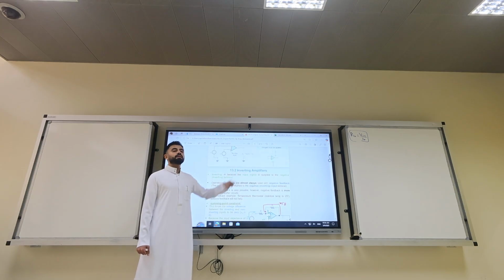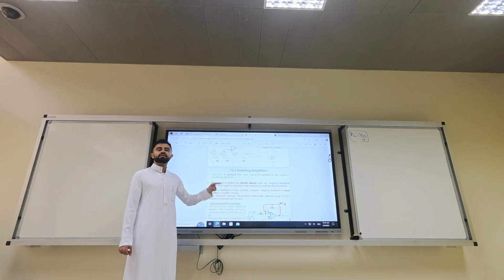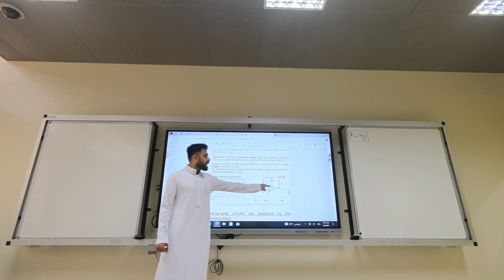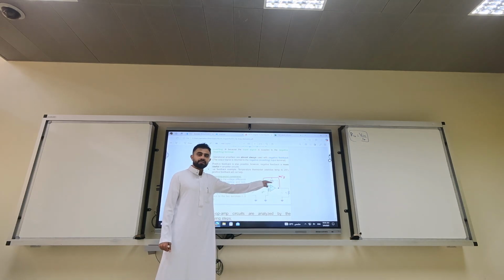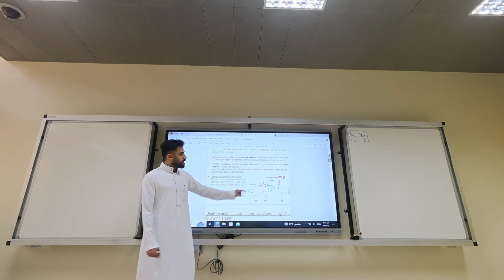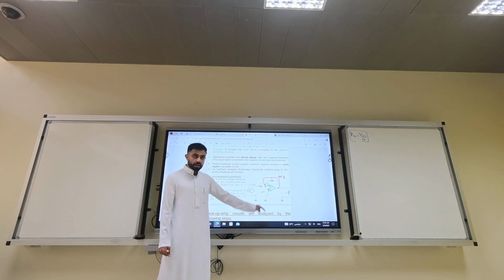When we have an inverting amplifier or non-inverting amplifier, both cases, as long as we have what we call a negative feedback. The fact that we have a negative feedback means the negative input and the positive input should be equal. In other words, the voltage drop between the two terminals is zero. In other words, a short circuit exists between them.